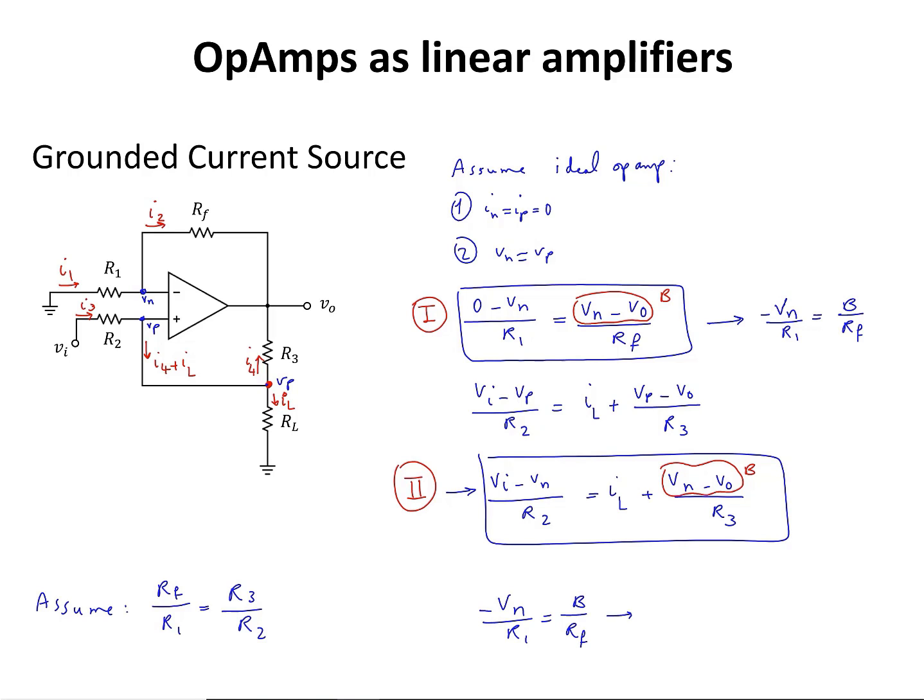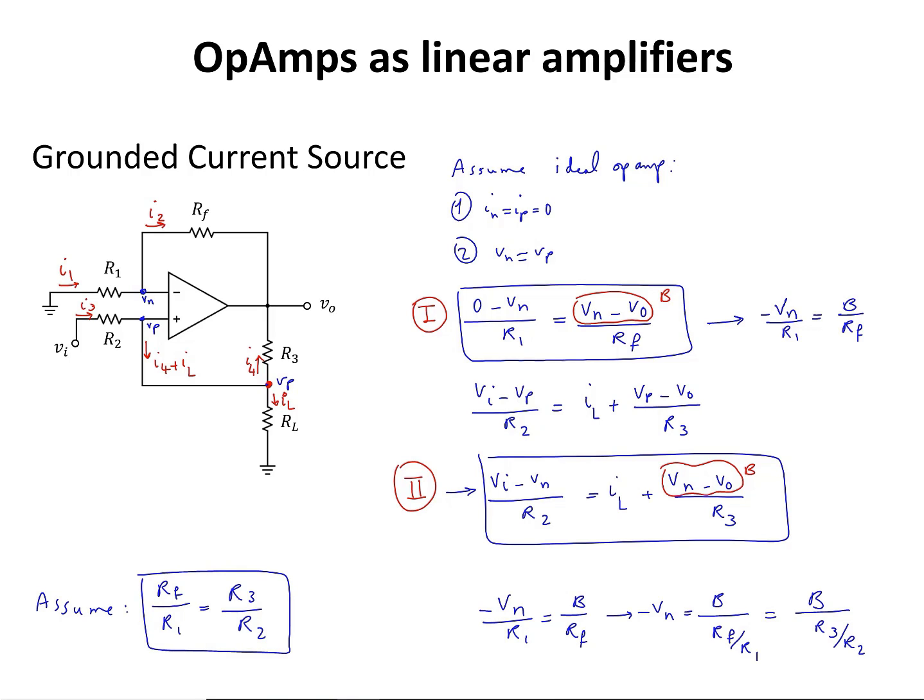From there, negative Vn is going to be equal to B divided by RF over R1, which is the same as B over R3 divided by R2 because of this choice of resistors.